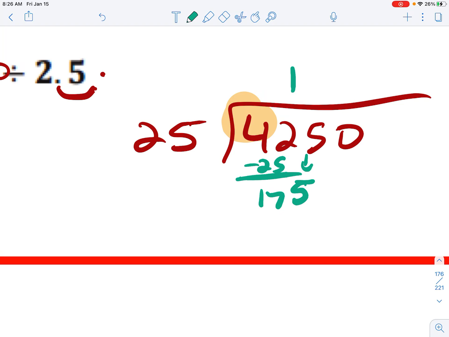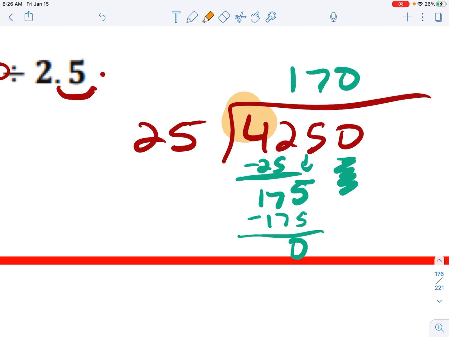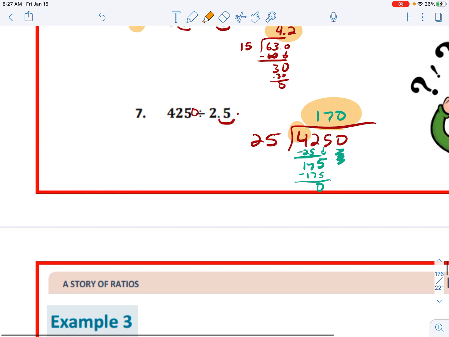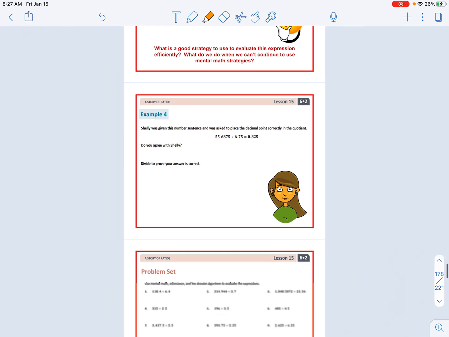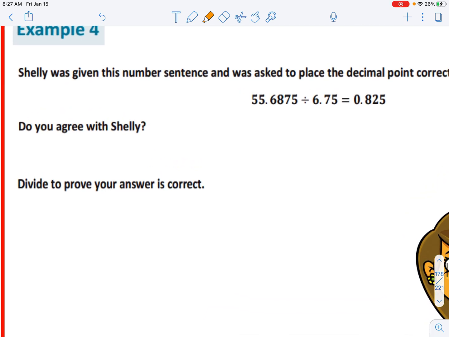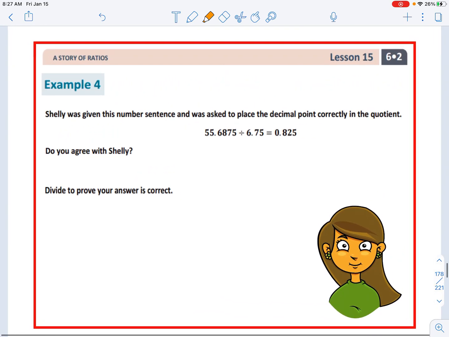And we bring down the 5. Thinking of quarters, 25 is going to go into 175 7 times. That goes in evenly. And all we have left is a 0, so we add it to my answer. So my answer comes out to 170.